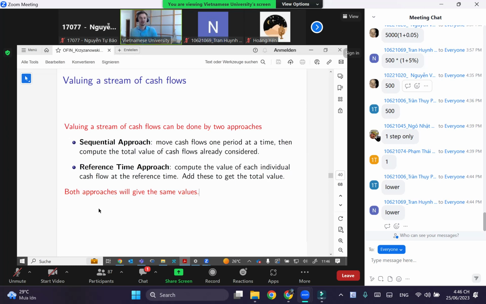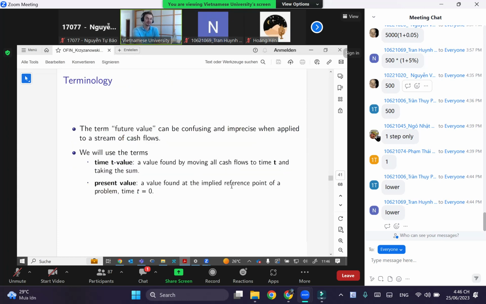Both approaches will give you the same, meaning identical, result. I mean, in the end, it's math, and irrespective of how you discount or how you compound, this will give you the same result.